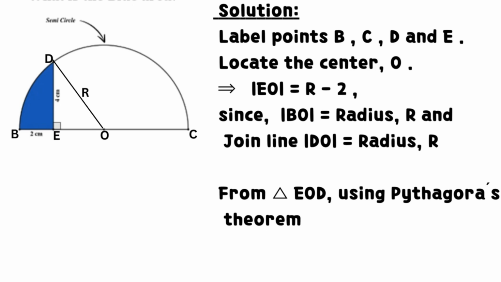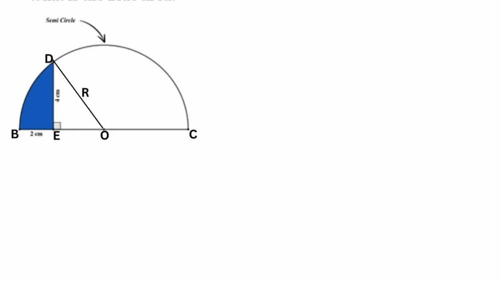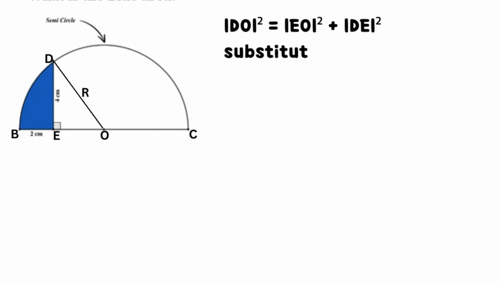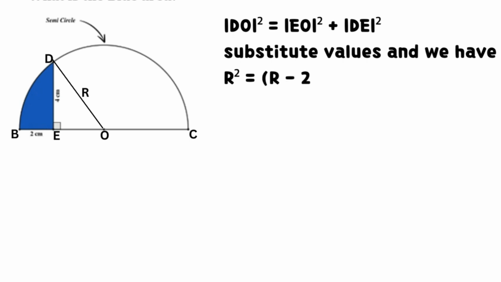From triangle EOD, using Pythagoras theorem, the square of DO equals the sum of the square of EO and the square of DE.